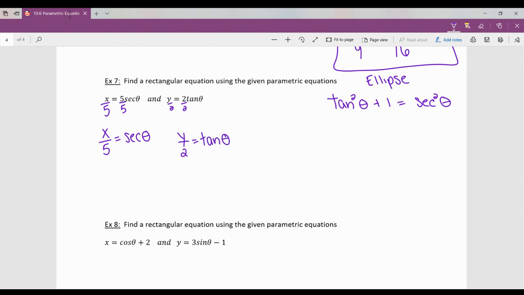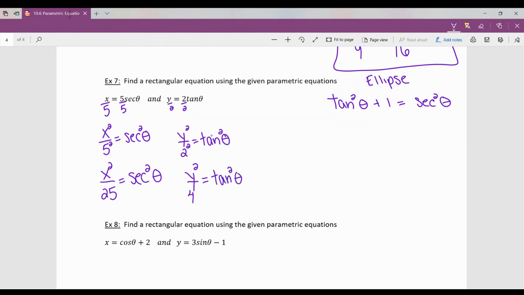All right, now we want to square, so we square the right side, and then we have to square both the numerator and the denominator. So we get x squared over 25 equals secant squared. And then we square the right side, square the left side, both the numerator and the denominator. Y squared over 4 equals tan squared theta.